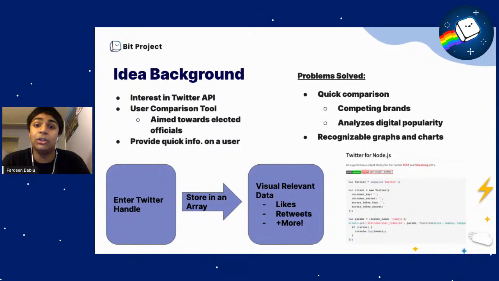And it analyzes digital popularity by having really simple graphs where people can be like, oh, okay, this person has this many followers, likes, retweets compared to this other person. Okay, cool. So then this person is more popular, specifically on Twitter. And these graphs are going to be really recognizable, and the charts are really nice and clean, which I hope.